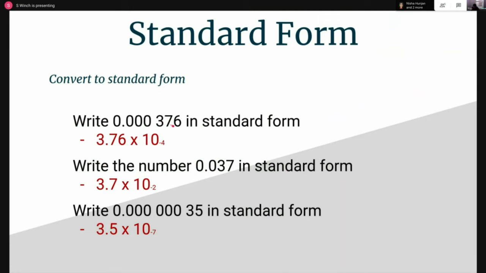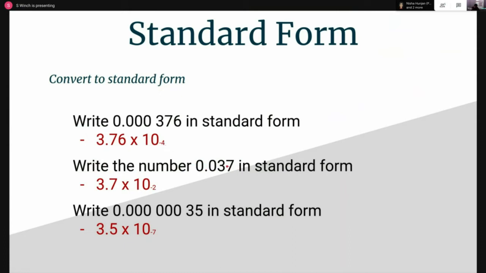So we've gone 3.76. And then simply again, how many times have we moved the decimal point? This time we're going backwards, so it becomes a negative. So we start here 3.76 and we go once, twice, 3 times, 4 times. So the first part of our answer is 3.76 times 10 to the power of minus 4.